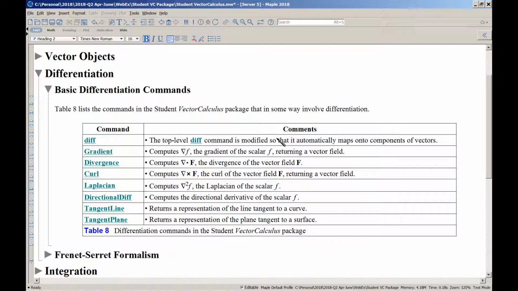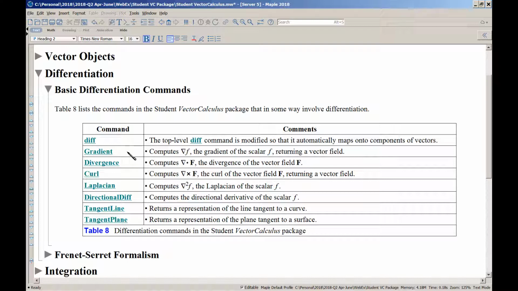And that property of mapping onto the components of a vector has been inherited finally by diff in the student multivariate calculus package, where students will first differentiate a vector. And so that is available in student multivariate calculus. Don't have to load the vector calculus package in order to get that property.